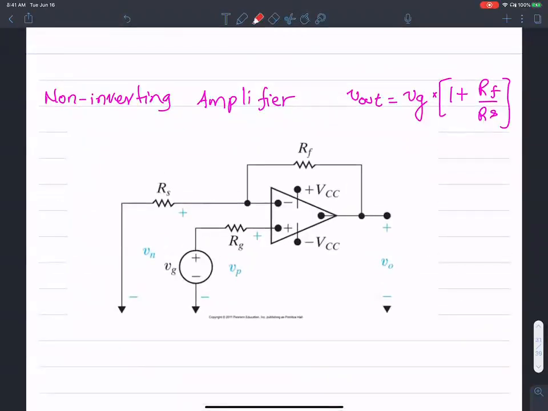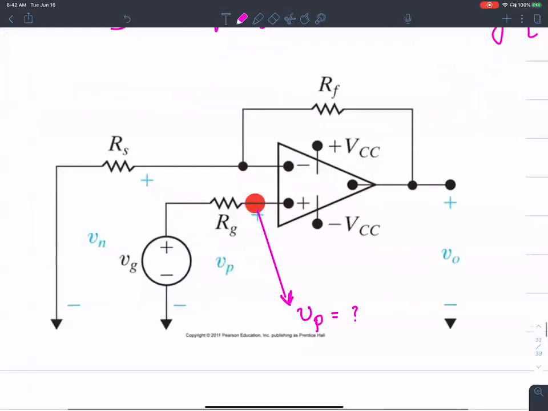Now, let's try to find the value for this voltage. First things first, what's the voltage at that guy? Let's call this V positive. What's the voltage there? I'll give you a hint.